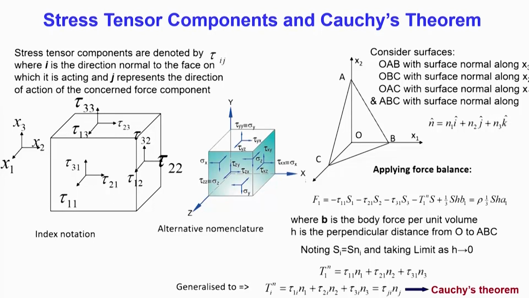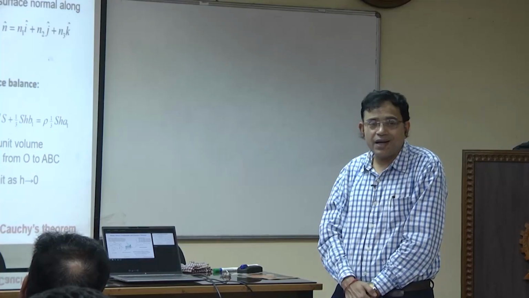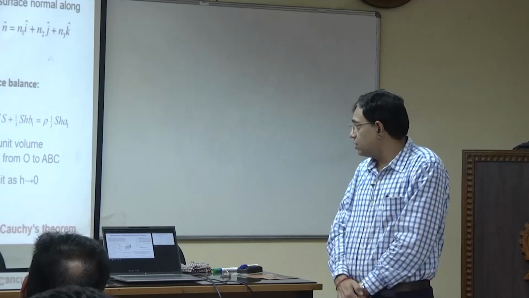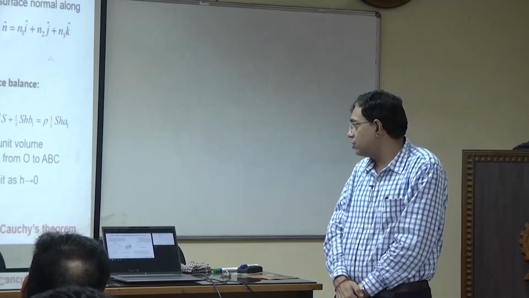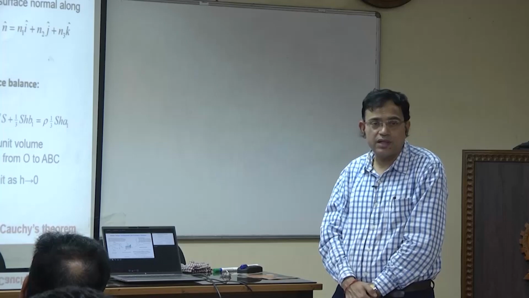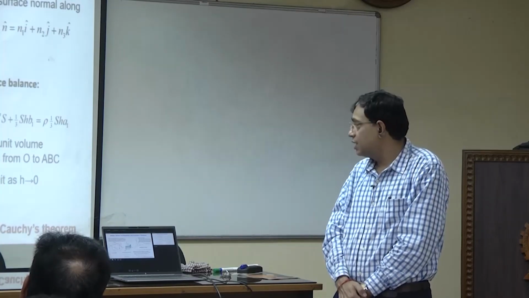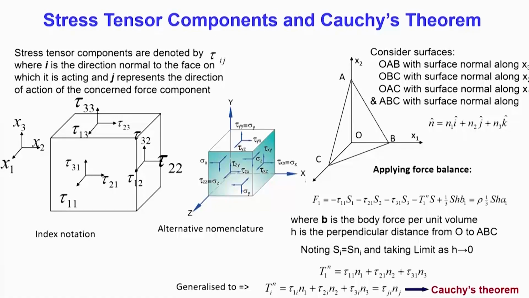So, Ti is the summation of tau ji nj, and because j is repeated, as per Einstein's notation, we do not write the sigma. This is known as Cauchy's theorem, very powerful, because for any arbitrary surface, it represents the force on that surface in terms of the stress tensor components, which are on some fixed reference direction.